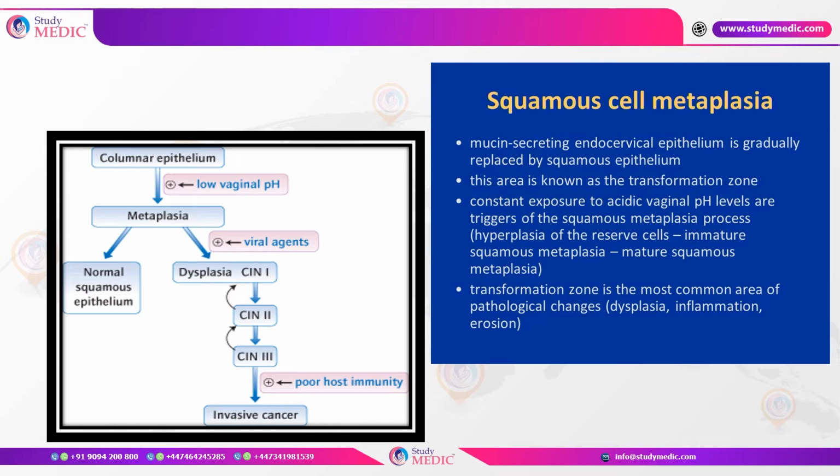Okay, important point to remember is that transformation zone is the most common area where pathological changes are seen in the cervix. It is the most common area where you can get invasive cancer as well as dysplasia.